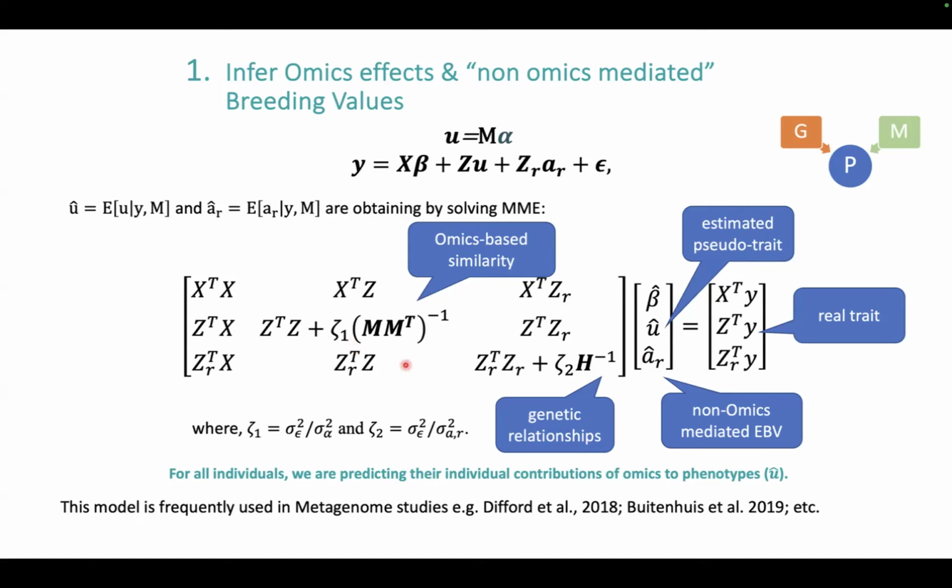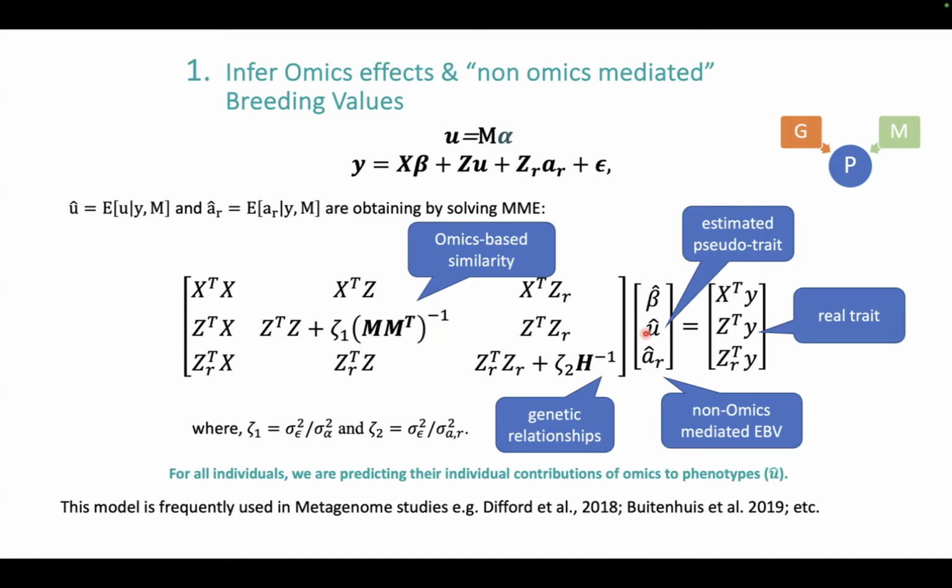How do you include the omics? You include an omics-based similarity, which is this matrix M prime here, which is a measurement of how similar animals are or not according to gene expression, for instance. And the result of this omics-based similarity is this U hat, and this U hat is basically the animal effect for that trait, but that animal effect is not genetics, it's omics-based.